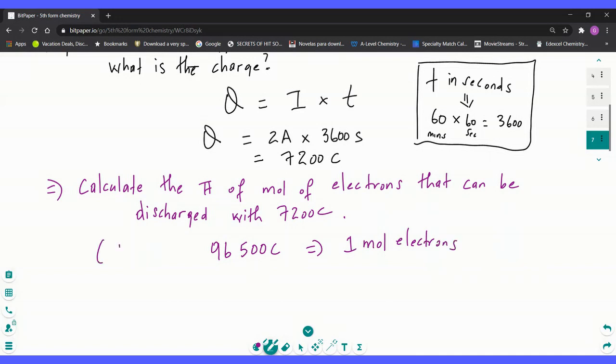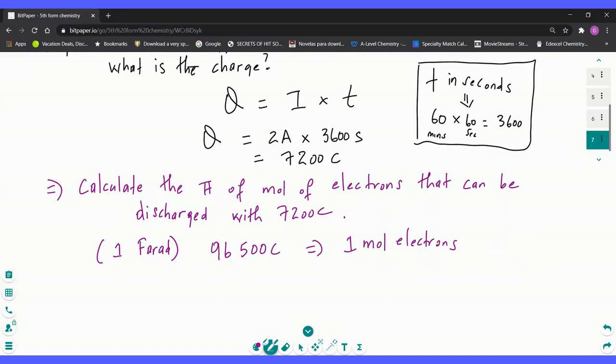And I'm going to introduce you to something that is easy for you to write. Instead of writing out the 96,500 all the time, you can call it 1 farad. So 1 farad refers to 96,500.